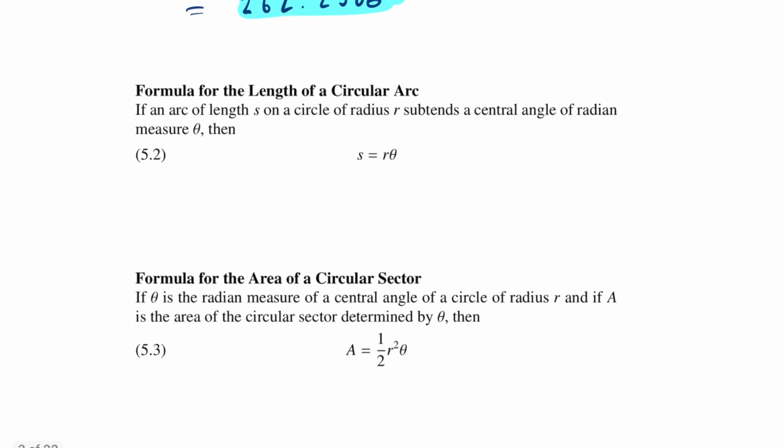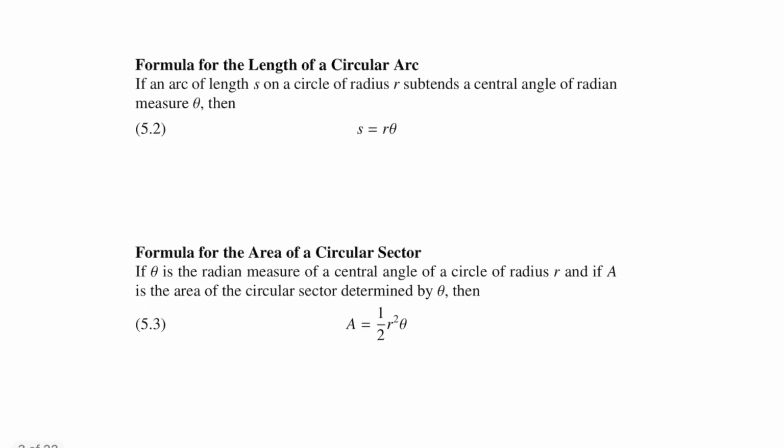All right, the next part of the notes is talking about the formula for the length of a circular arc. So if we have a circle, and let's say we have a center, we have a radius.